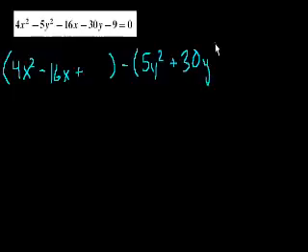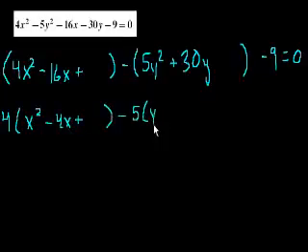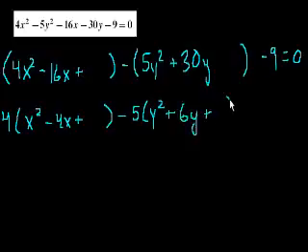And then out here, you have a minus 9 is equal to 0. Just to simplify it, let's factor a 4 out of this part. So you get 4 times x squared minus 4x plus something, minus, let's factor a 5 out, 5 times y squared plus 6y, probably plus something. Now let's add the 9 to both sides, is equal to 9.